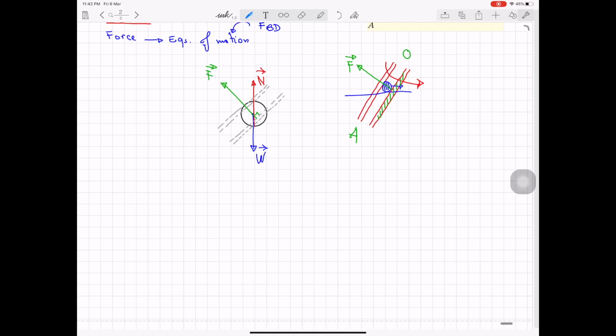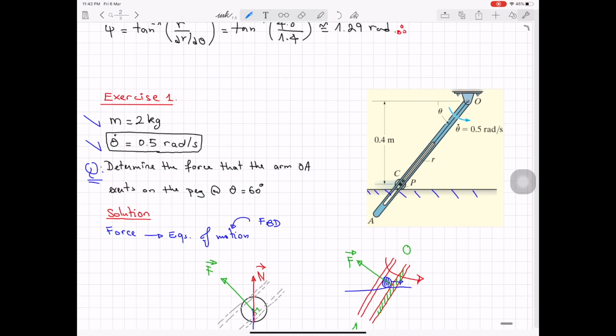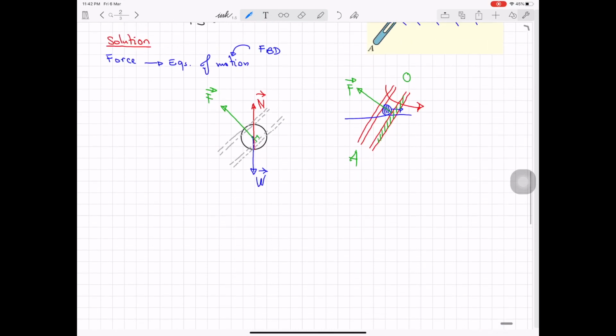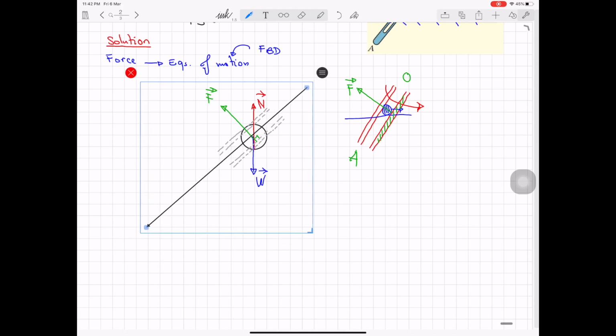So I'm going to assume that the origin is here, and the radial axis extends from here until here.